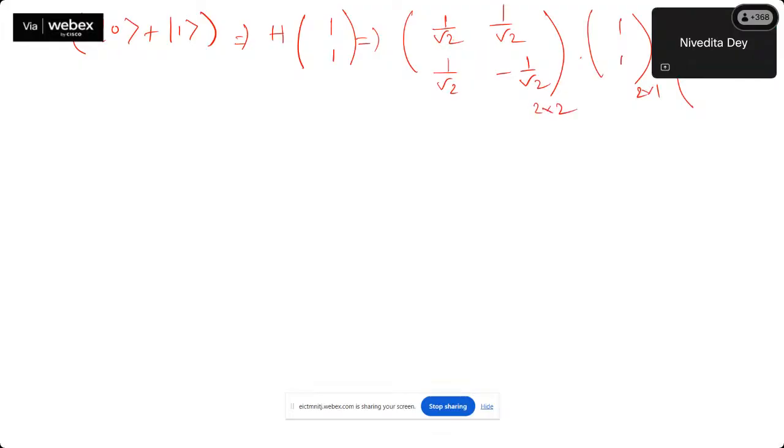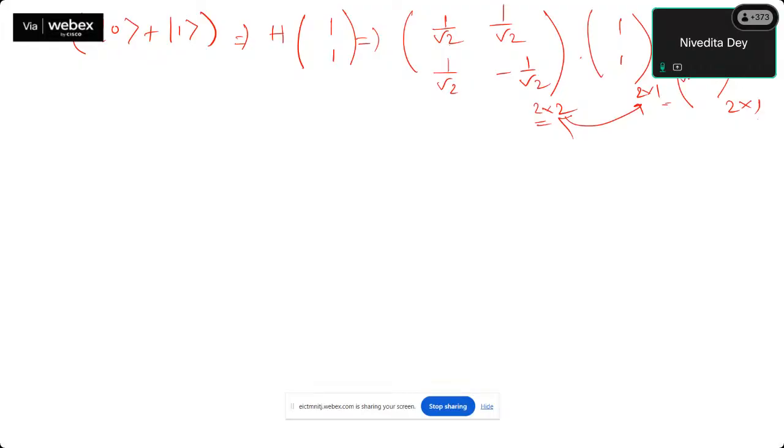So output should be a 2 cross 1, because they are same. So we can do the matrix multiplication. So it's 1 by root 2 into 1 plus 1 by root 2 into 1. And this is 1 by root 2 into 1 minus 1 by root 2 into 1.